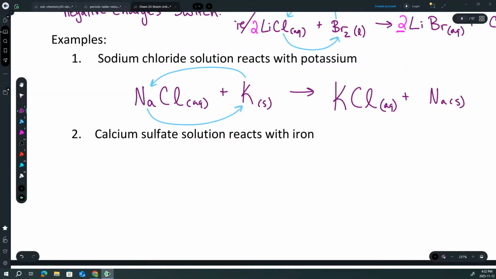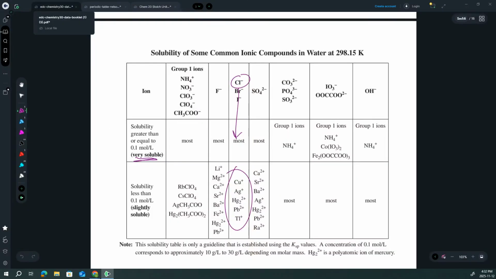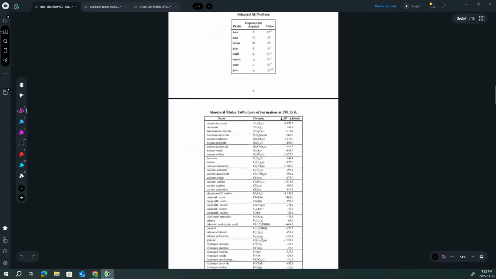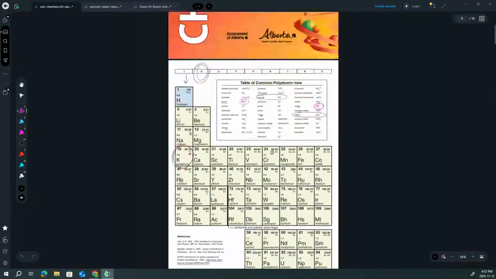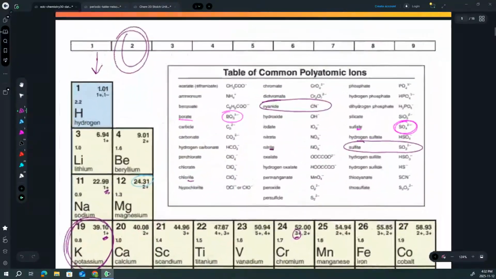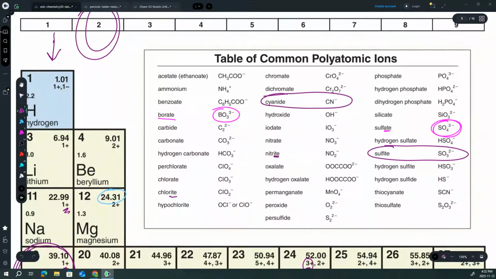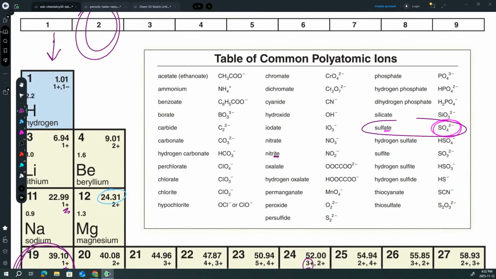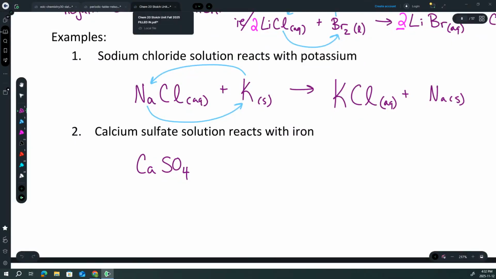Moving on to calcium sulfate. So if you're wondering how you remember what sulfate is, if it ends in -ate, it is going to be a polyatomic ion. And where we can find sulfate is right here. So that's SO4 2 minus.